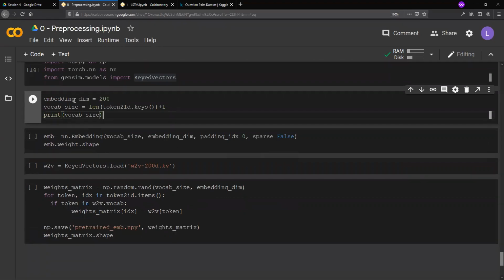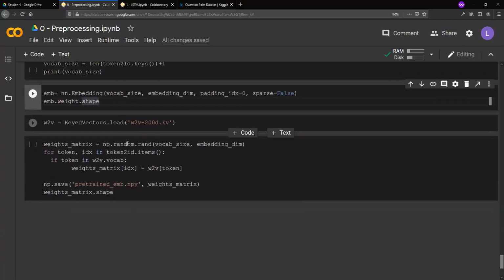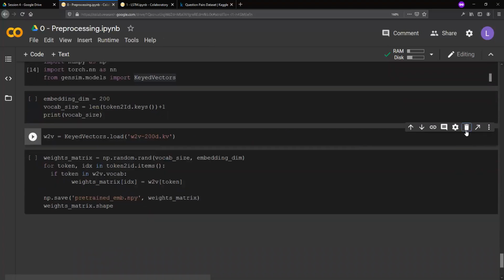We specify our dimension size, and we specify our vocabulary size to be of this dimension, plus 1. We add the plus 1 because we're actually going to add padding in our embedding layer. And this shouldn't actually be here, we can remove that.